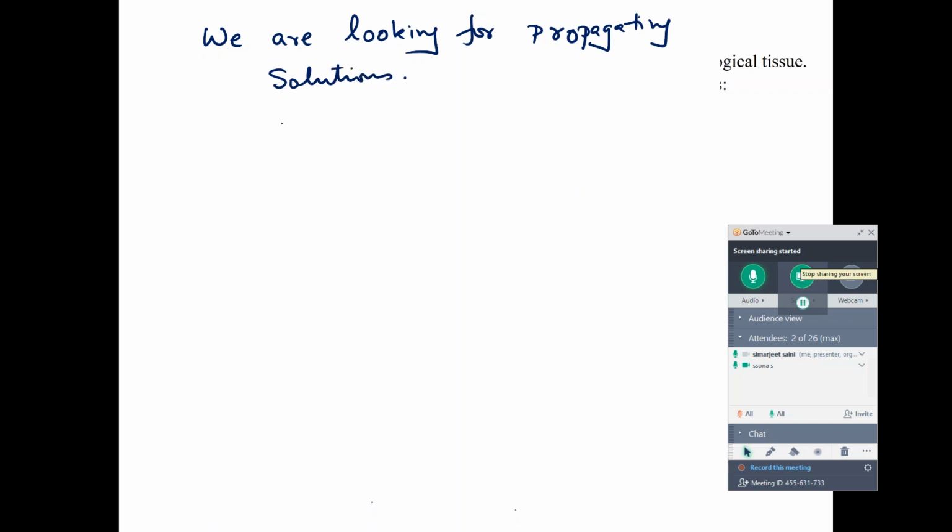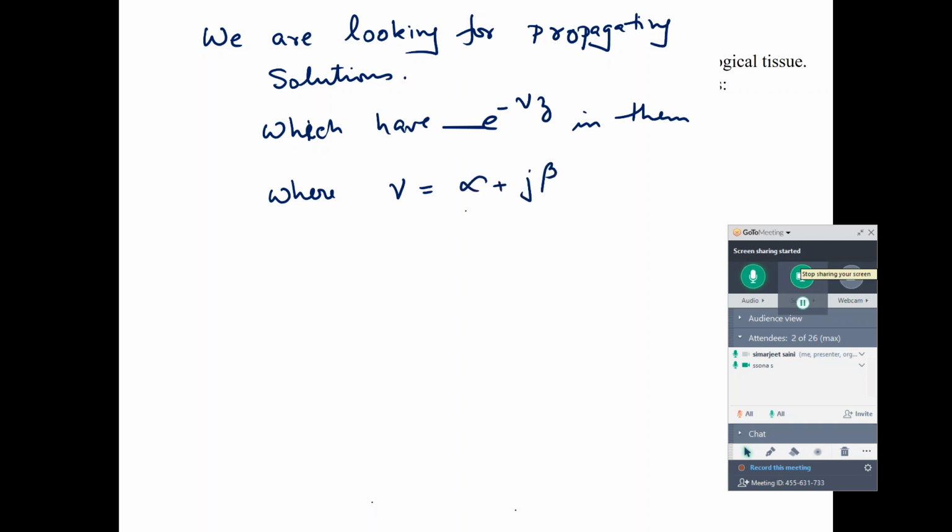We are looking for solutions which have e to the minus gamma z in them, where gamma in general is alpha plus j beta, where alpha is your attenuation, how much the energy is lost going through, and beta is your propagation term.